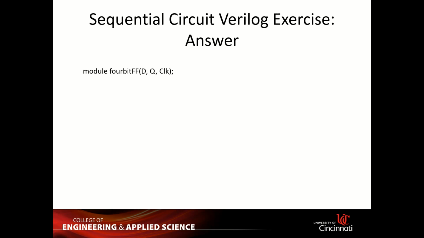You start with, let me turn on my pointer, of course writing the module name, giving it a name, and putting all the inputs and outputs here. Remember that this is a 4-bit D flip-flop, so D will be 4-bit and Q will be 4-bit instead of a single bit like a normal D flip-flop.